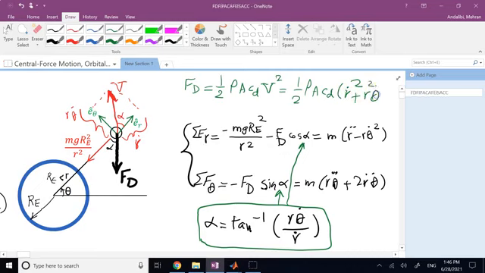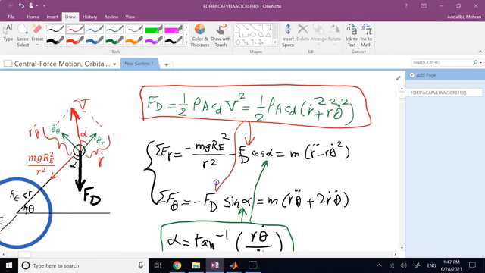So this term would also appear in your equations. It comes here and it comes here.